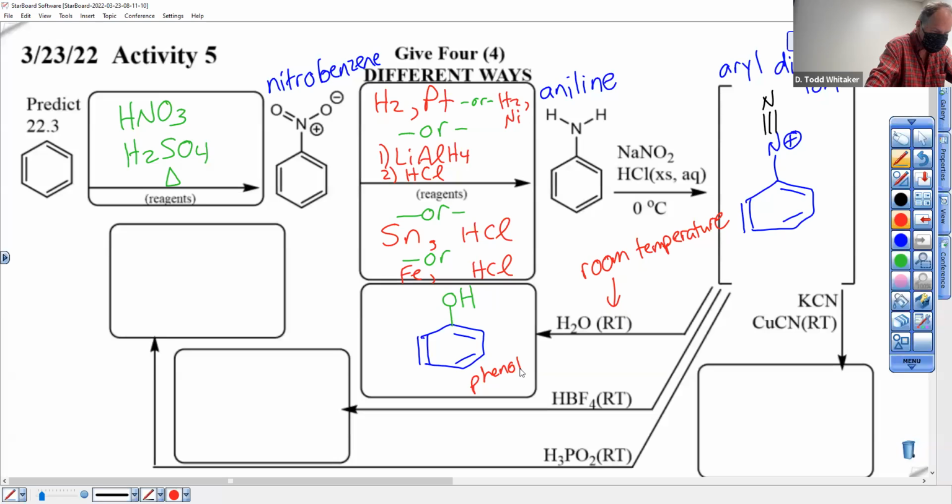Let's just keep going around. The HBF4 is called fluoboric acid. I know, they shortened it. You can also call it fluoroboric acid. It's H plus with BF4 minus as the anion. And it's the one that will put a fluorine there, which we haven't learned how to put on benzene until now.